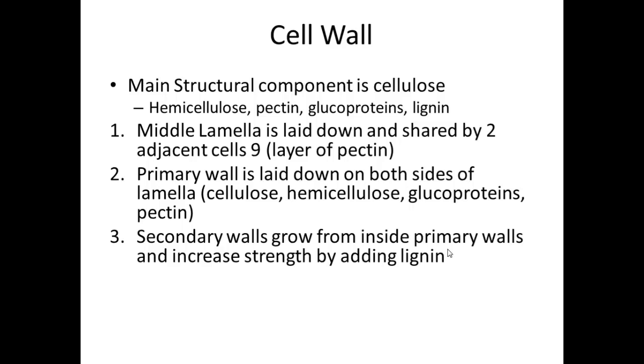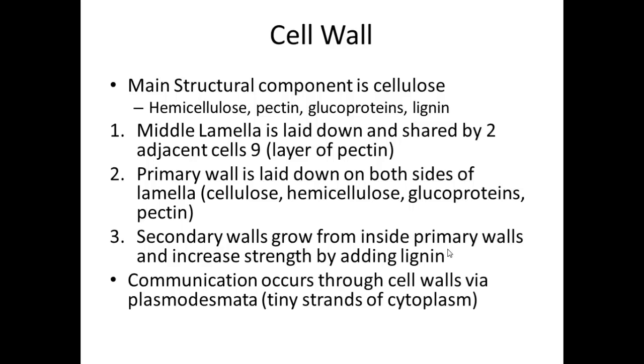And finally, secondary walls grow from inside the primary walls, and they don't replace them, but they strengthen them by adding lignin, which kind of acts like rebar, whereas the other elements kind of act like concrete. So it's making it really strong and rigid.